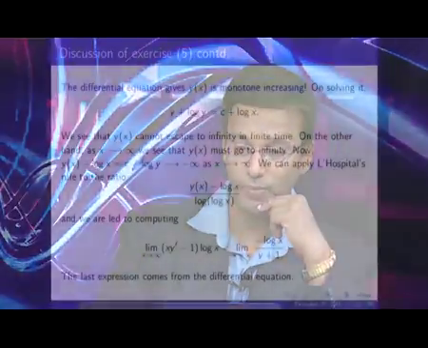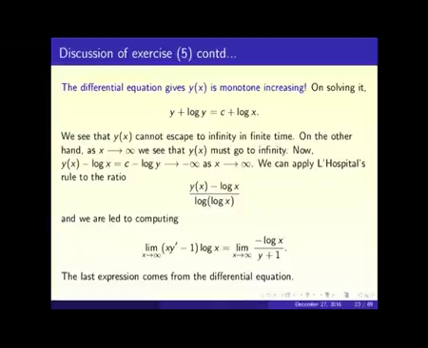So the limit that we are trying to compute is y of x minus log x upon log x. The numerator goes to minus infinity, the denominator goes to infinity, and so we are allowed to apply L'Hopital's rule. Okay, so we must now apply L'Hopital's rule to the ratio y of x minus log x upon log x.